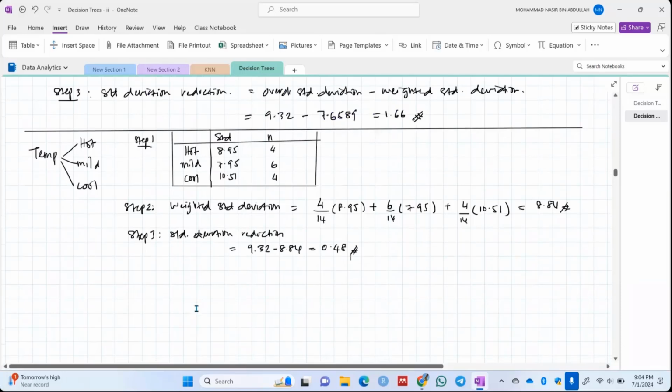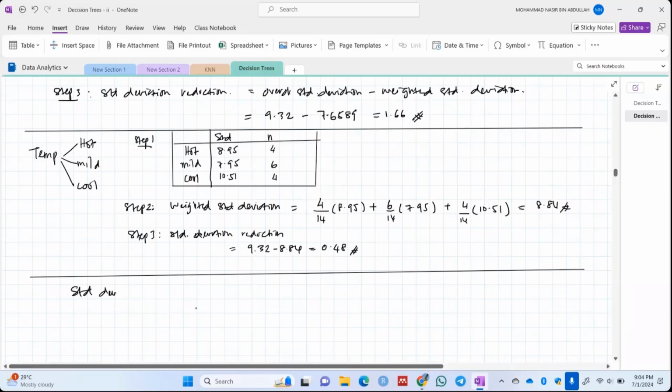To cut short, you need to calculate for humidity and wind. So I'm going to give you the final answer. You need to repeat the same procedure for humidity and wind. So now this is standard deviation reduction.